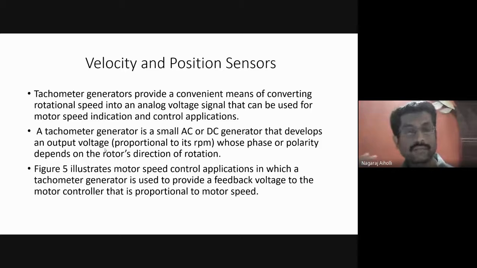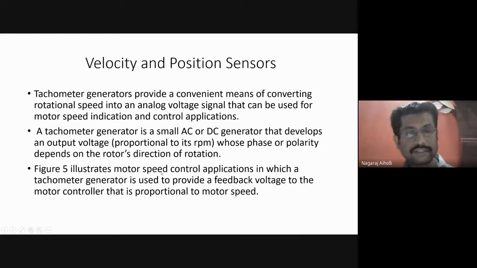If it is rotating in the clockwise direction, the polarity will be positive, negative. If it is rotating in the anti-clockwise direction, the polarity of the output voltage will be negative, positive.